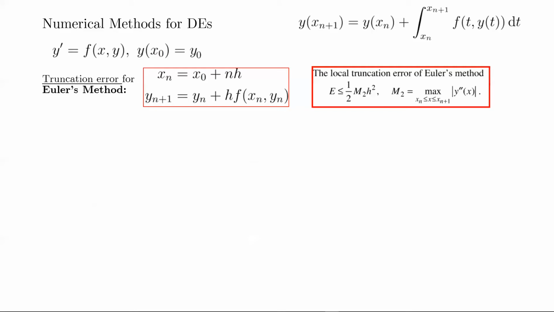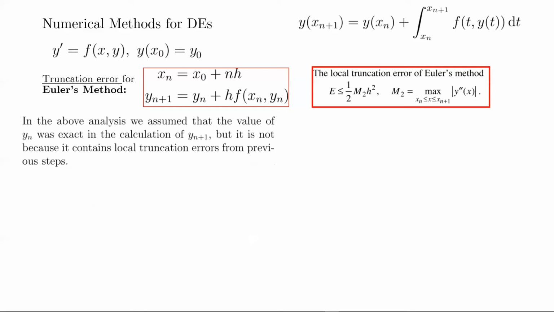Okay, so the local truncation error that we've just dealt with is the error associated with applying one step of Euler's method. So we assume that the value of yn was exact in the calculation of yn plus 1, but in fact it's not exact because it contains local truncation errors from previous steps.